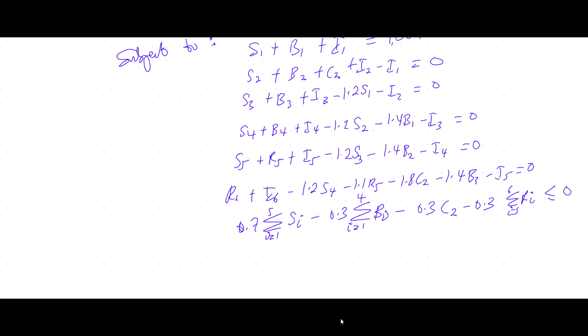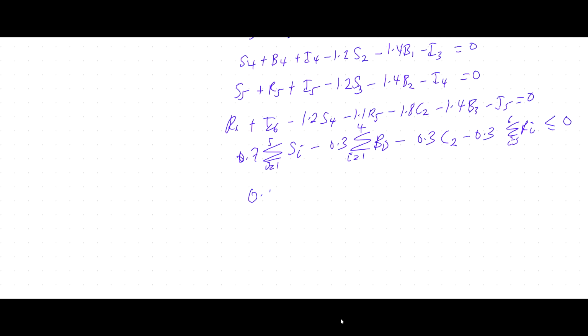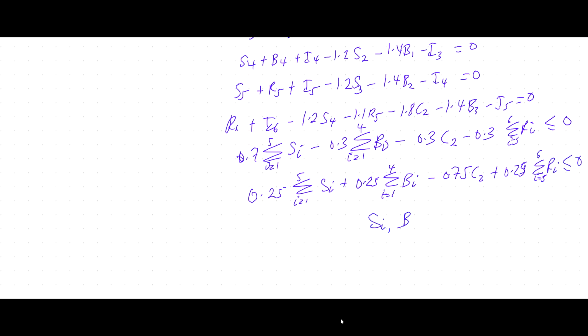Then we have 0.25 summation I is equal to 1, 5 SI plus 0.25 I is equal to 1 BI minus 0.75 C2 plus 0.25 summation I is equal to 5, 6 RI less than or equal to 0. Then we see that SI, BI, C2, RI is greater than or equal to 0.